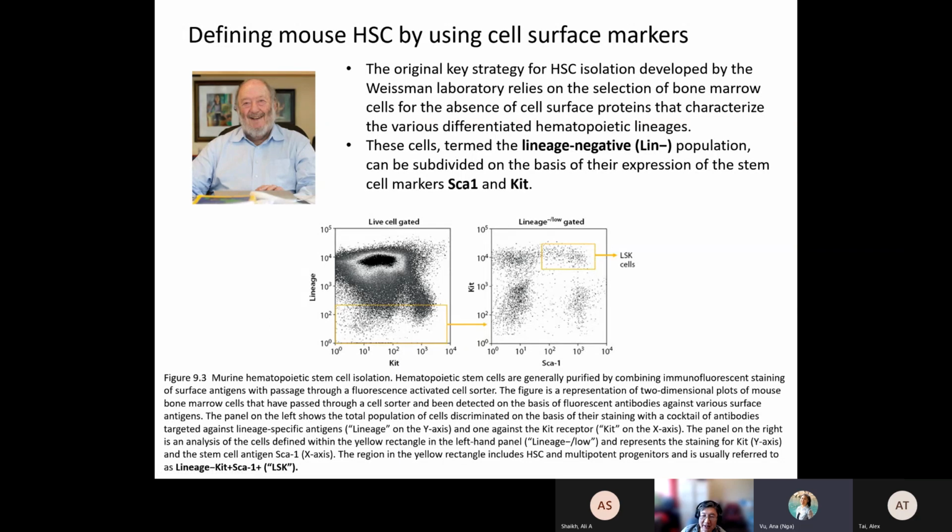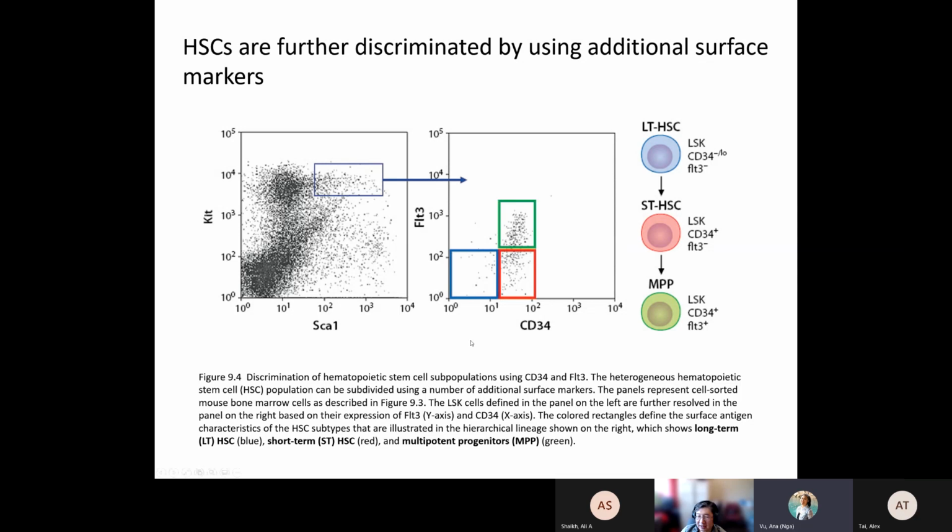And then, as I said, even if you have a population that is lineage negative, SCA1 and c-KIT double positive, you know that stem cells are in that population, but a lot of cells within that population are not stem cells. So you have to use additional markers to further define a smaller population that are true stem cells.